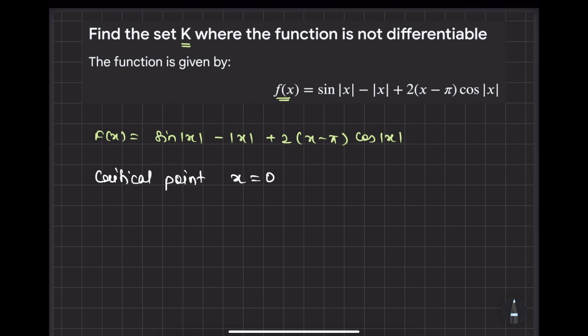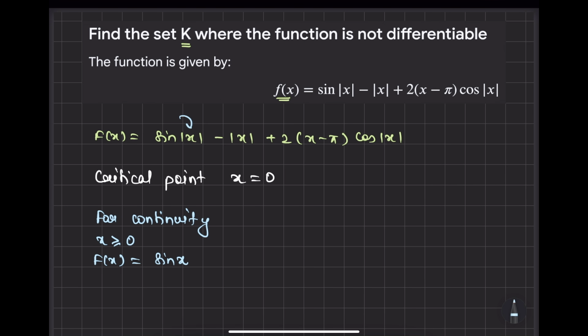First we will check its continuity. For continuity, I will derive two functions. I'll focus on x greater than or equal to 0. So f of x will look like sine x, minus x, since x is positive it doesn't affect, plus 2 times (x minus pi), and cos of positive is okay, this is cos x.